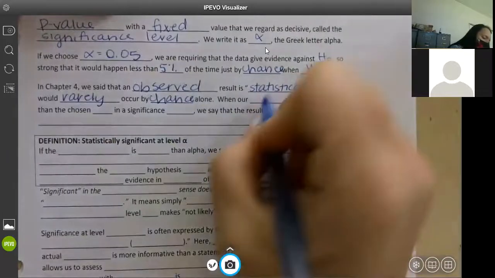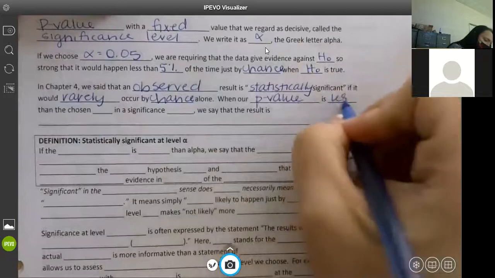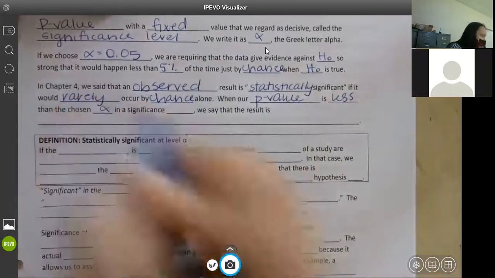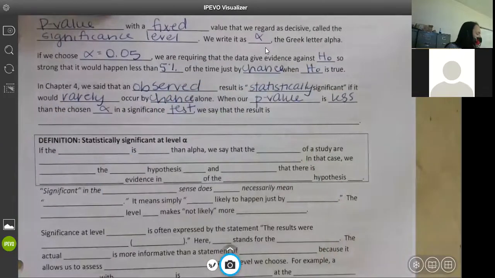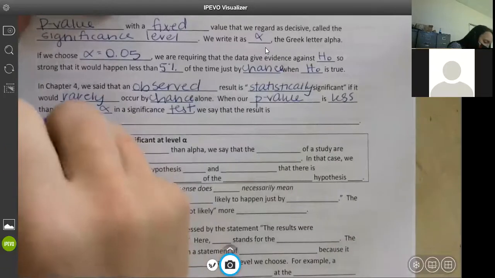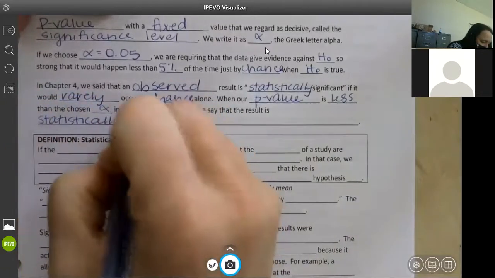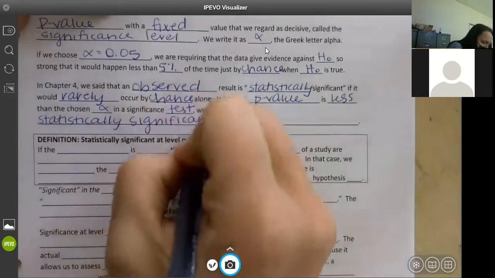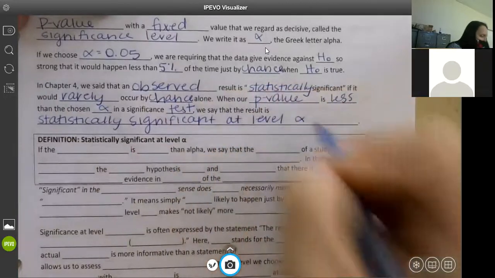When our p-value is less than the chosen alpha in a significance test, we say that the result is statistically significant at level alpha.